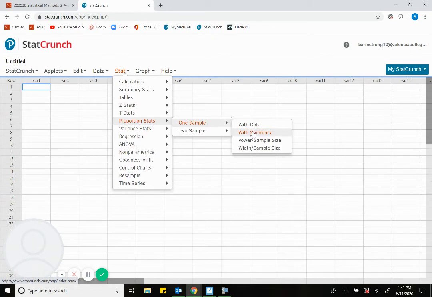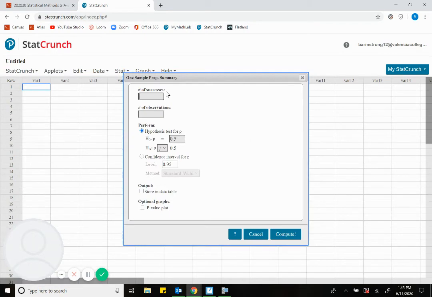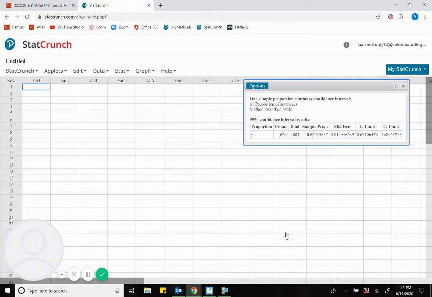Okay? You're doing proportion stats, 1 sample with summary. So you notice it says up here, number of successes, 663. Number of observations, 1004. And then down here, we don't want that. That's for chapter 8. We want this. And so say compute. And there we go. There's that population. There's that standard error. Hey, there's our numbers that we came up with. See, I knew I'd do it right.